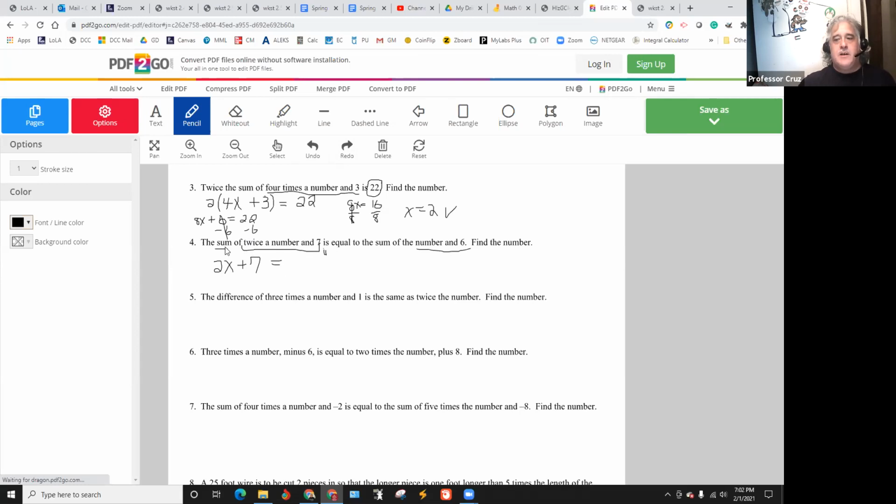Twice a number and 7 summed up is another sum, the number just by itself, and 6.